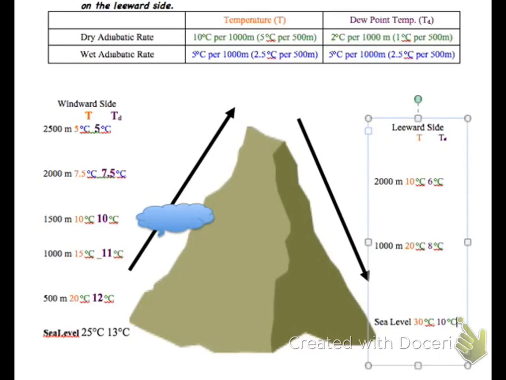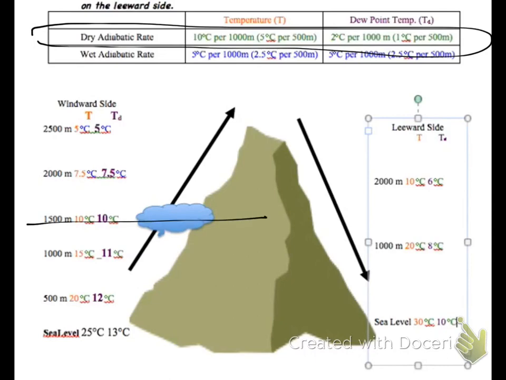And once again, dry adiabatic rate is the rate I use when I am not equal to my dew point temperature, and I want to use the rate for both the dry adiabatic rate for temperature and the dry adiabatic rate for dew point temperature and work my problem. And then once I hit my lifting condensation level, which is the base of my cloud, it's also the point where dew point, TD, is equal to temperature.